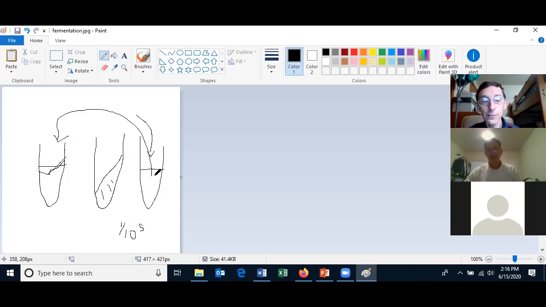So we have to enrich it. And if this enriches it 10-fold here, we've changed it to 1 in 10 to the 4th. And we put it in this here, now this is 1 over 10 to the 3rd. Still not good enough, but we could do it again. So I'm going to go like that and put it here.